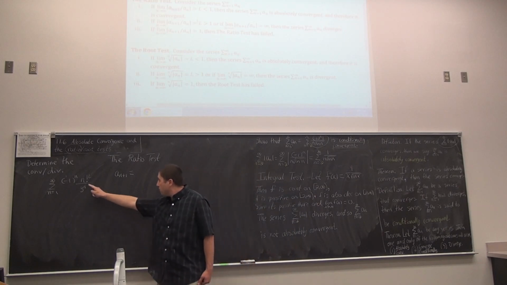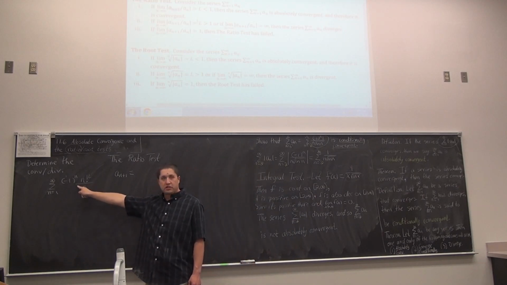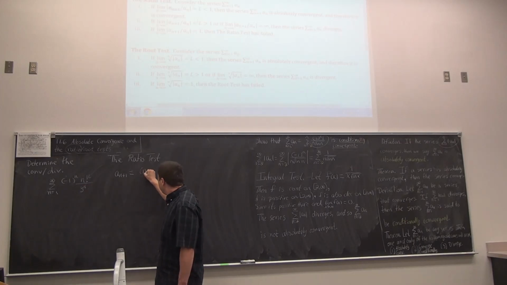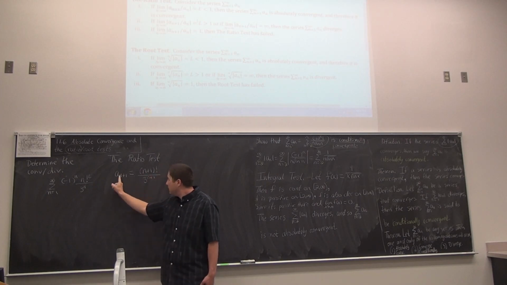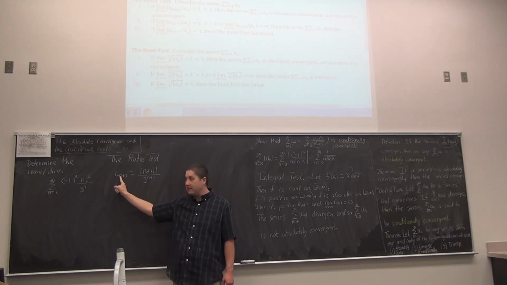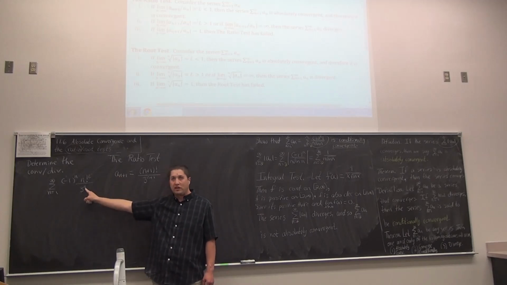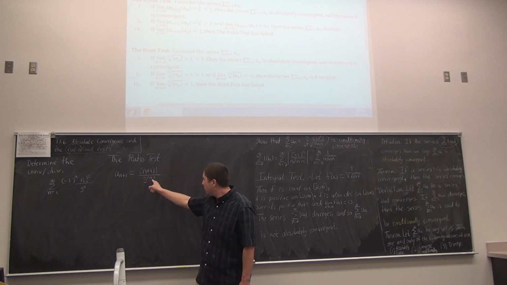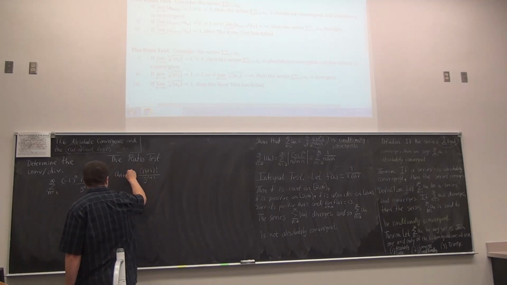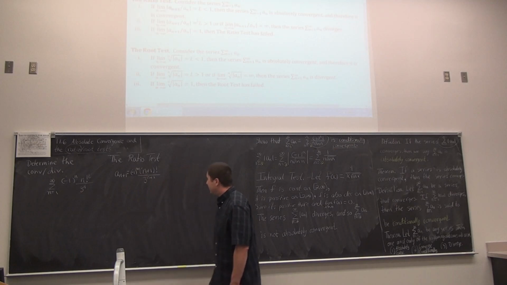If this is the form for a sub n, then a sub n+1 would be (n+1) factorial divided by 3^(n+1), because a sub n+1 just simply means put n+1 everywhere where the index n has occurred. So I've dropped it in these two places. Oh, and don't forget, there's also a (-1)^(n+1) as well.